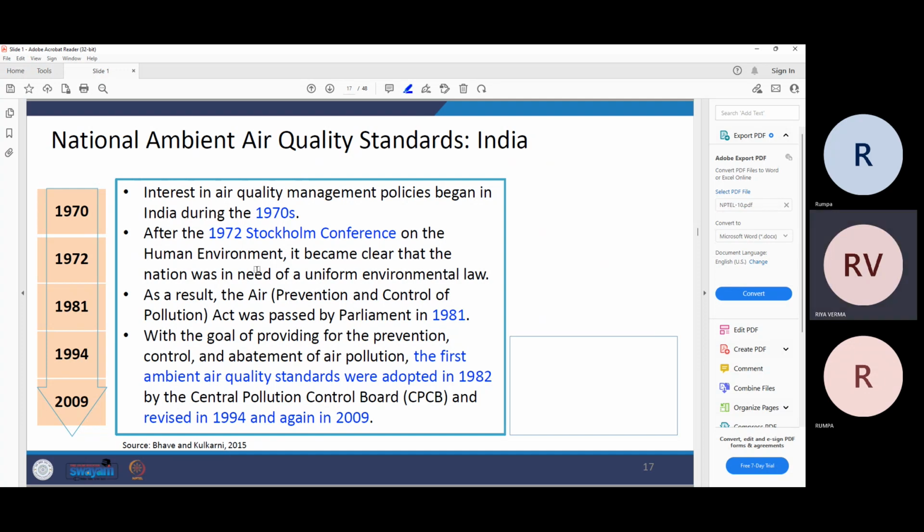This is the timeline of the different standards or concepts that we have taken towards the abatement, or the reduction, of air pollution. These standards were established by the Central Pollution Control Board (CPCB), and these were revised in 1994 and again in 2009.